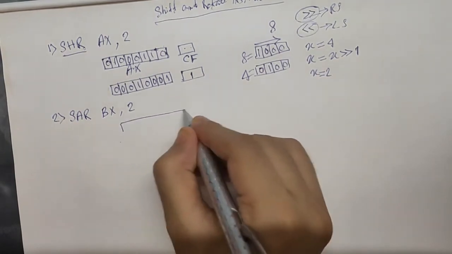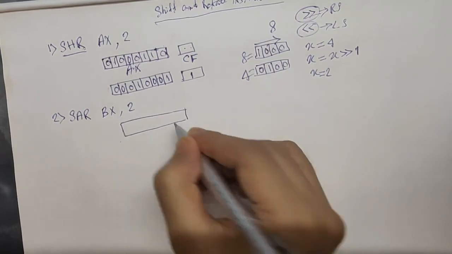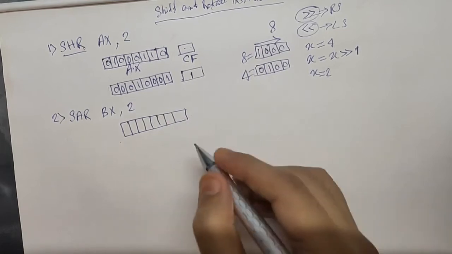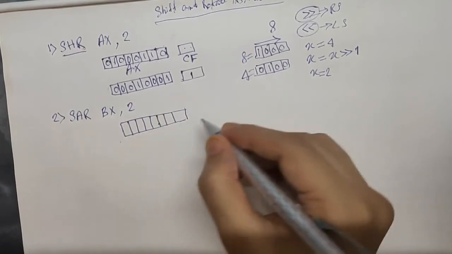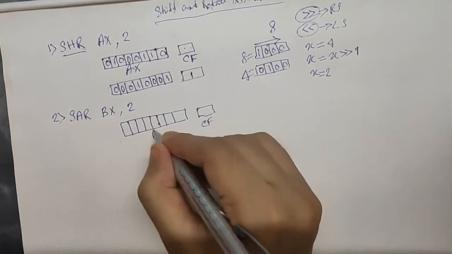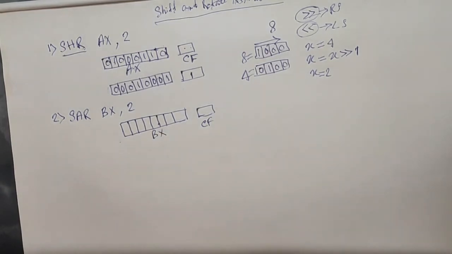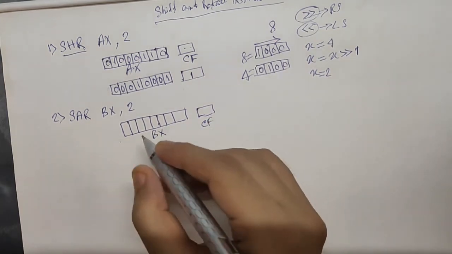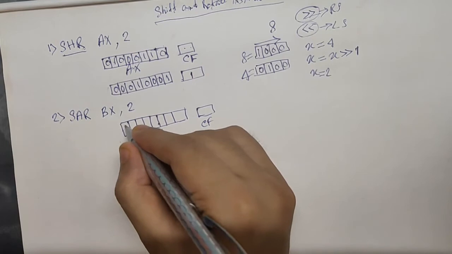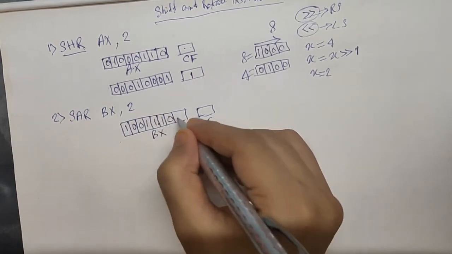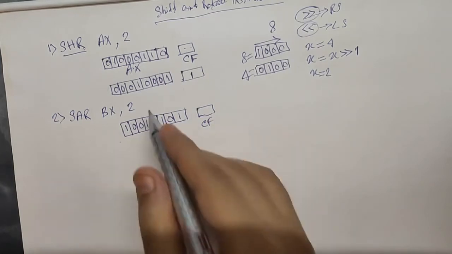Again I am taking an 8-bit register, 1 2 3 4 5 6 7 8. I have a carry flag CF, and this is the BX register. Now I am filling this with 1 0 0 1 1 1 0 1, and again I need to shift this two times.